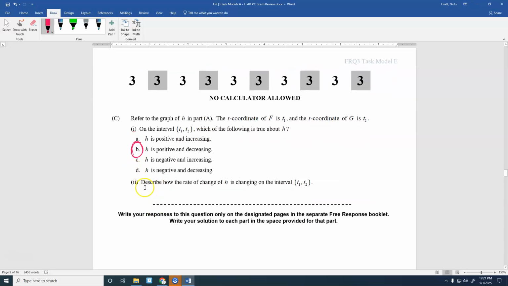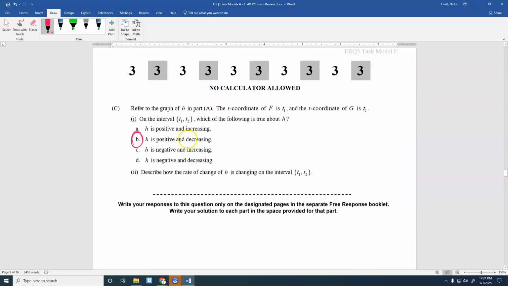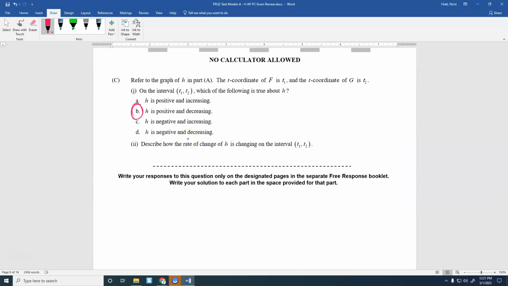And part 2 on the newer problems is going to be updated. It's going to say what is the concavity and describe the rate of change. So the concavity here, what do we have from F to G? Concave down. So on the interval T1 to T2, the function h is concave down.